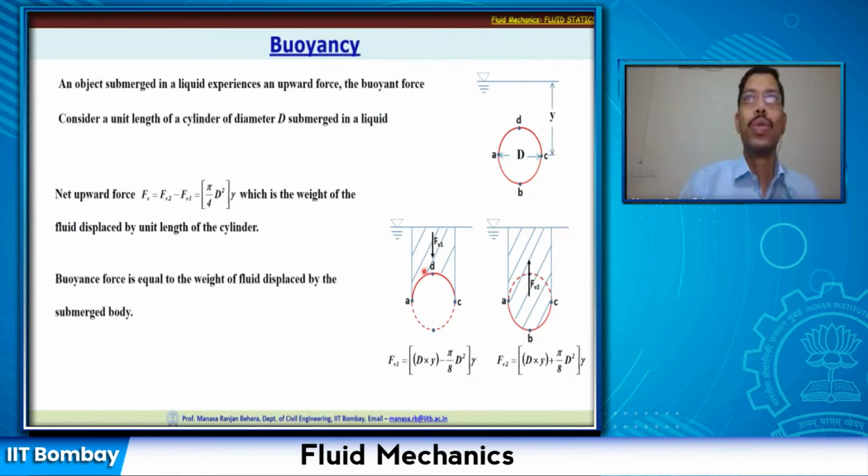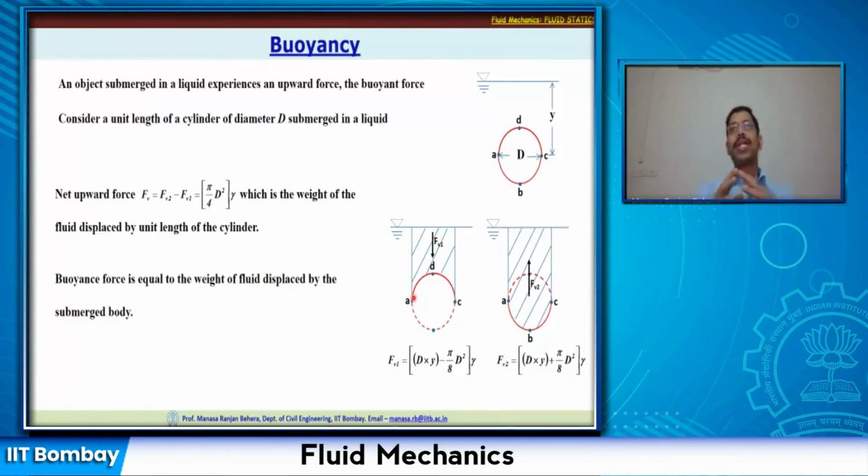So we will now try to find out how this force is acting. Let us consider the upper half of this cylinder, which is nothing but ADC. If you look at this figure and consider the surface ADC, we will calculate the total force acting on it.